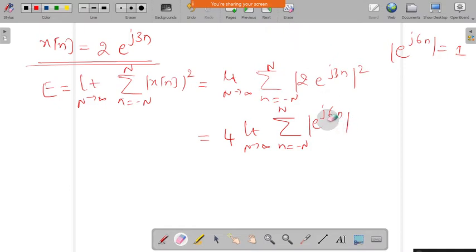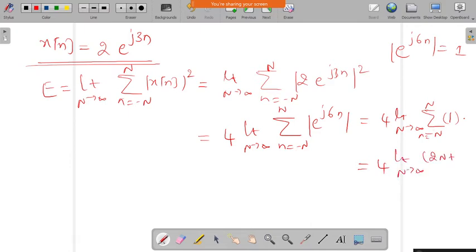So now we can replace this with 1. 4 limit N tends to infinity, summation n equal to minus N to N of 1. If I evaluate this summation, you are going to get 2N plus 1.